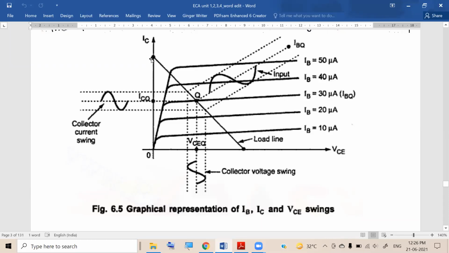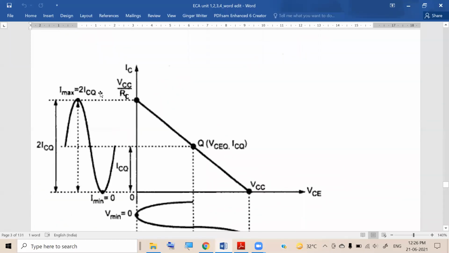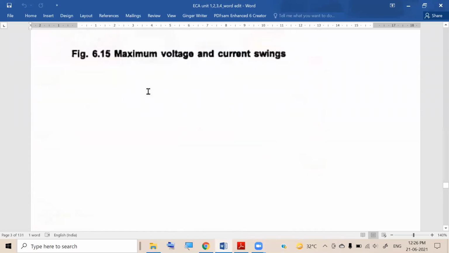So this point is 2 ICQ. All this we discussed in the previous class. So the maximum IC that we get will be 2 ICQ. Of course, the minimum IC that we will get, I min, will be 0. So all this we have seen.